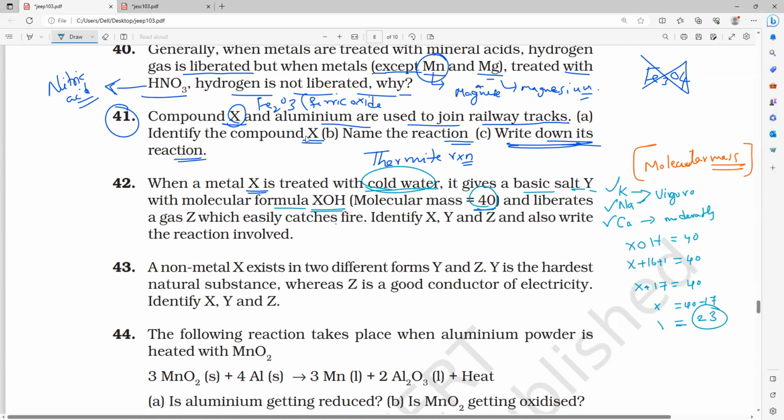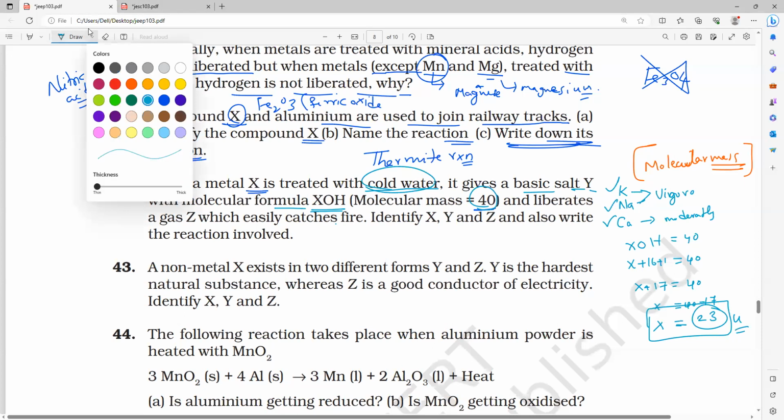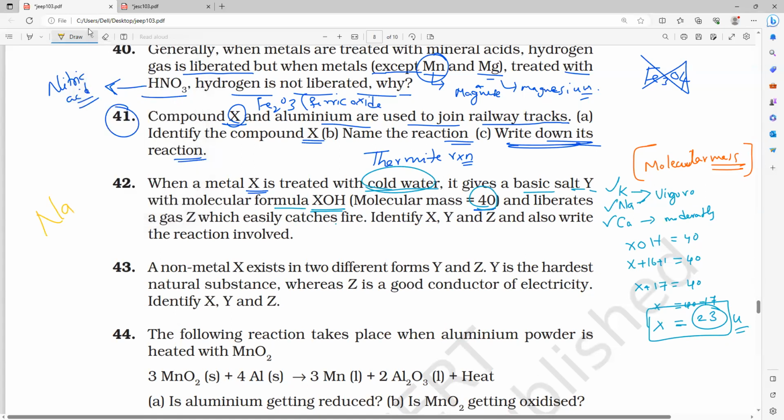So 23 is the atomic mass of which element? Sodium, sir. Sodium atomic number is 11, atomic mass is 23. You studied this in 9th class. So what is XOH? It is NaOH. Clear, everybody? X is sodium.